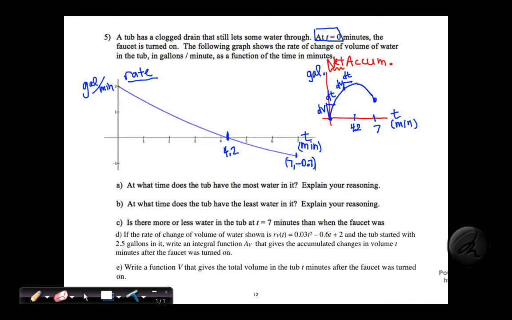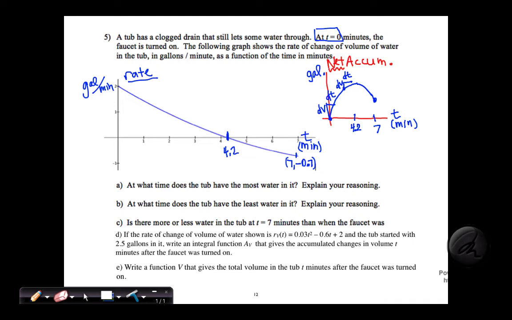So let me ask this. If I'm trying to write the accumulated change in the volume at t minutes after the faucet was turned on, is that 2.5 gallons necessary or not necessary? Not necessary. I want to talk about how the volume changed. I didn't need to have anything about 2.5 gallons to talk about this.